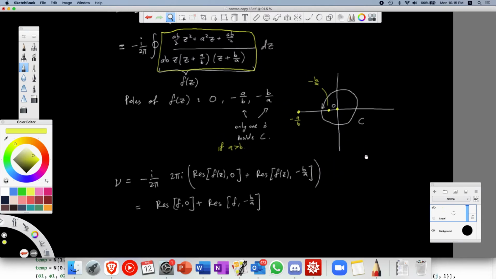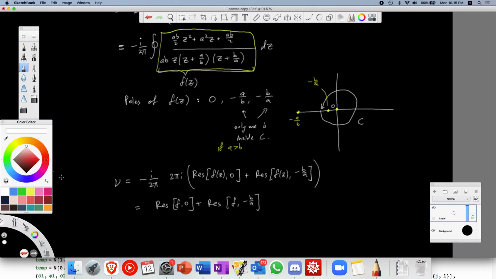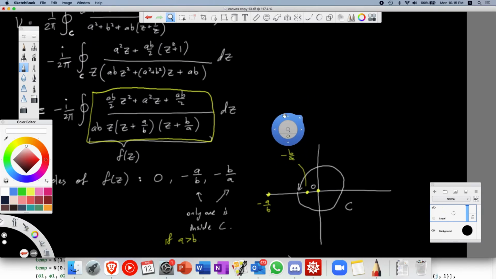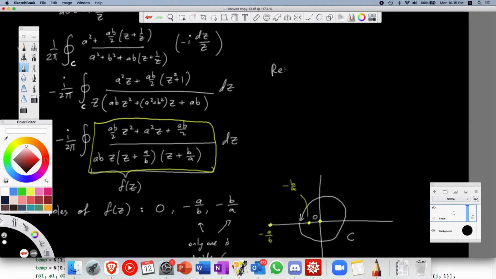So let me zoom out a bit more. I seem to need a bit more space. I can do it on the right over here. Let's do the residue of f at 0. Since it's a simple pole, it is simply z times f of z evaluated at z equals 0. What do you see over here?